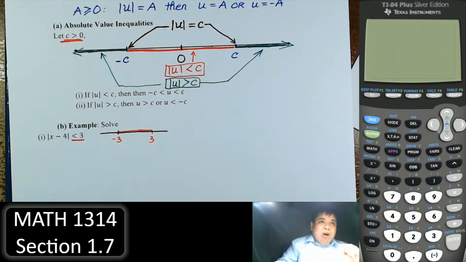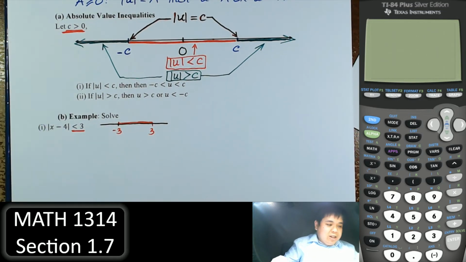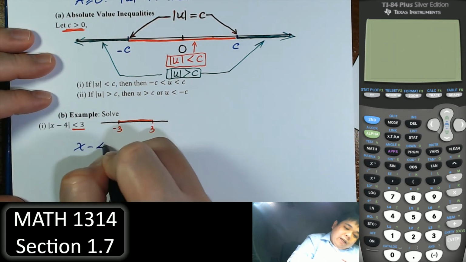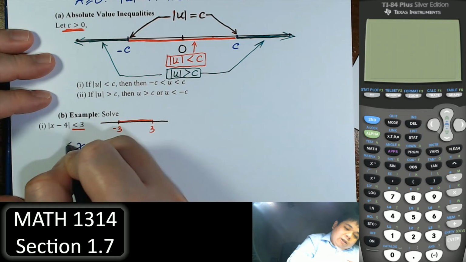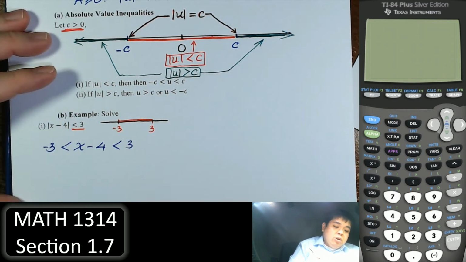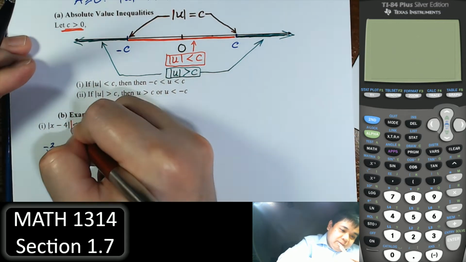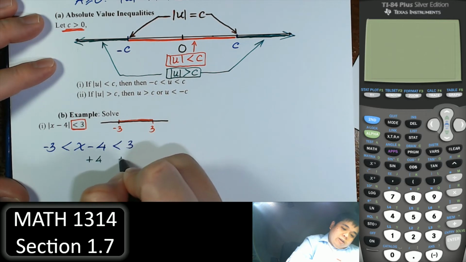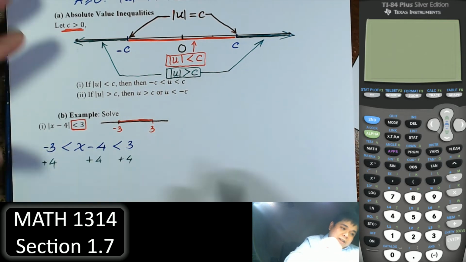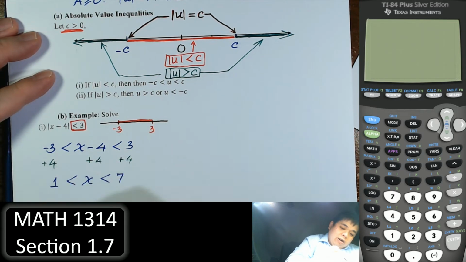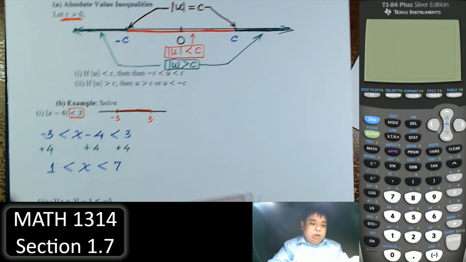I don't write the answer like that yet. We just have, inside the absolute value, it's going to be between negative 3 and 3. No equal sign here, so that's just what we have. And now we just add 4 on both sides. By that I mean everywhere. We have x in the middle, 7 on the right hand side, and 1 on the left hand side. So we have x between 1 and 7.